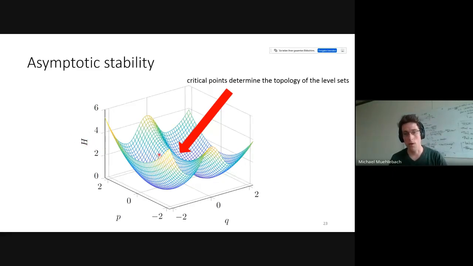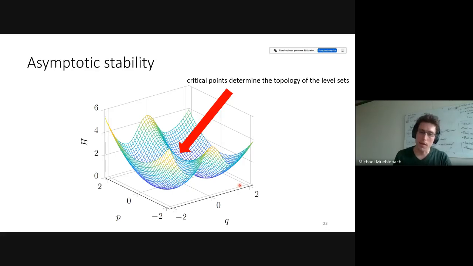So if we start in this valley where the energy is low enough, then because energy is dissipated, we're going to be trapped in this valley, and so we converge to this point. Similarly, if we initialize our algorithm with energy that is low enough in the other region, we will be trapped there and converge to that point.